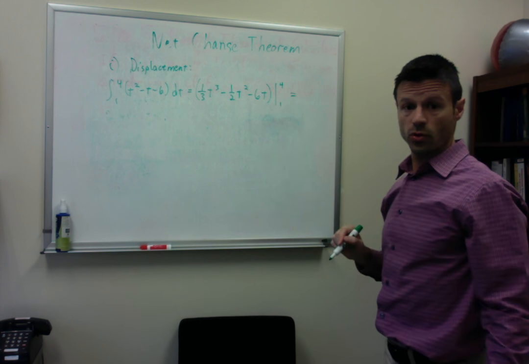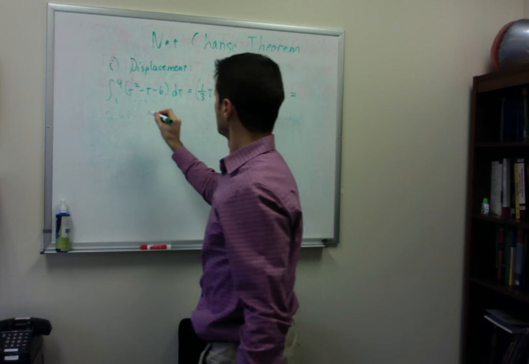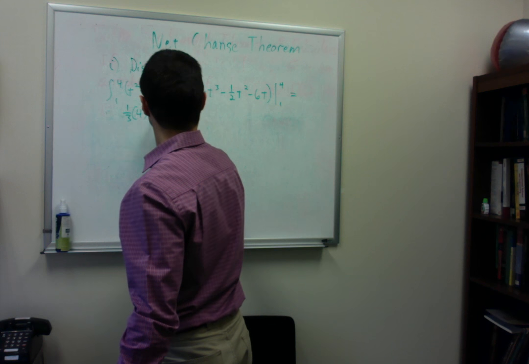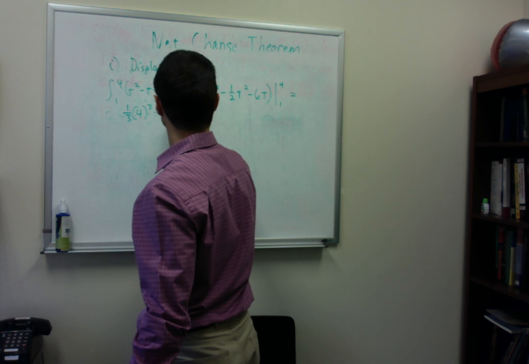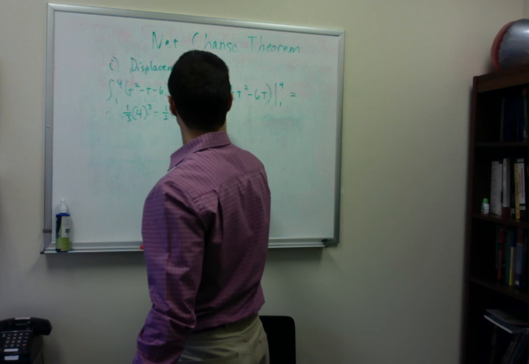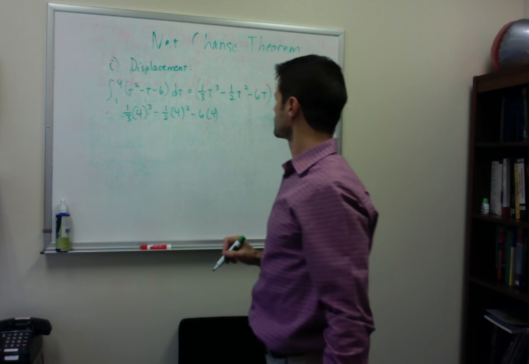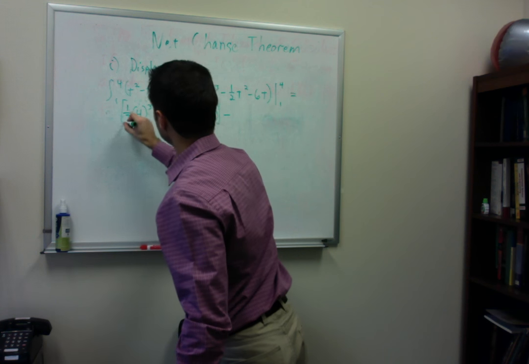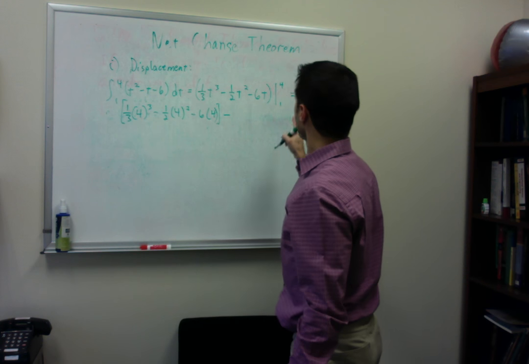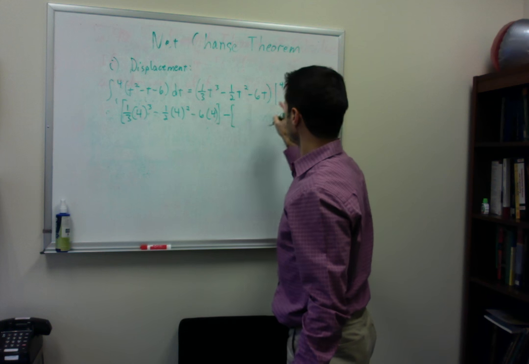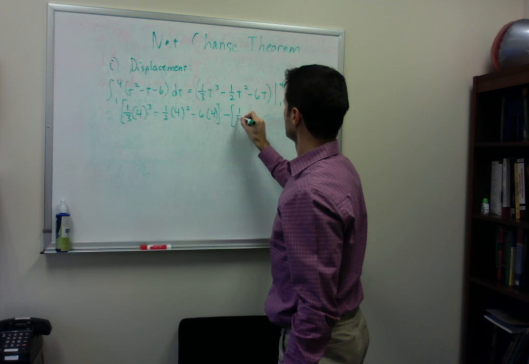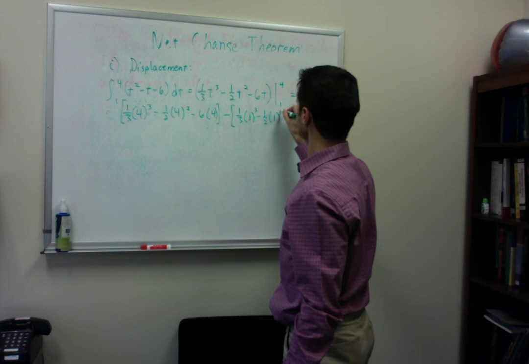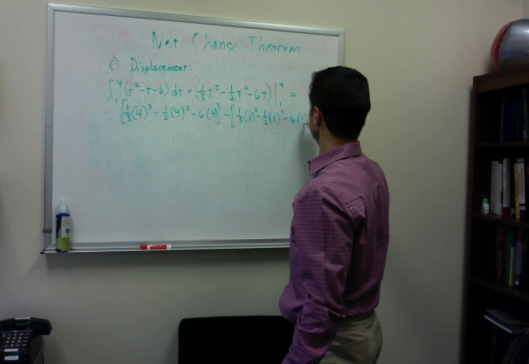I first plug 4 into that expression: 1/3 times 4 cubed minus 1/2 times 4 squared minus 6 times 4. And then minus, in square brackets, I plug 1 into this expression: 1/3 times 1 cubed minus 1/2 times 1 squared minus 6 times 1.